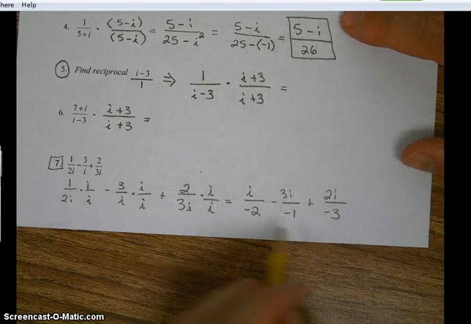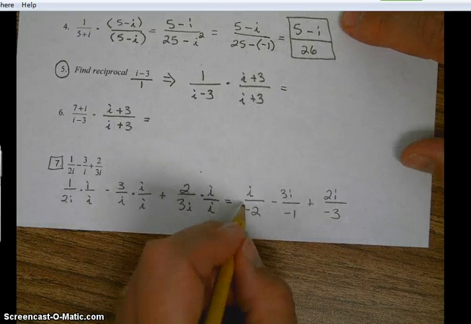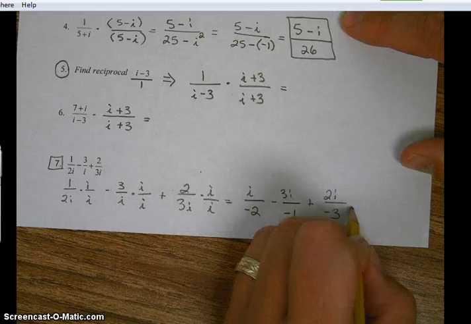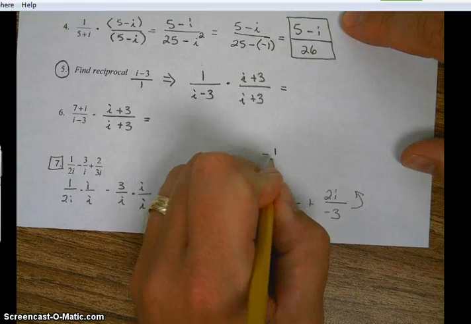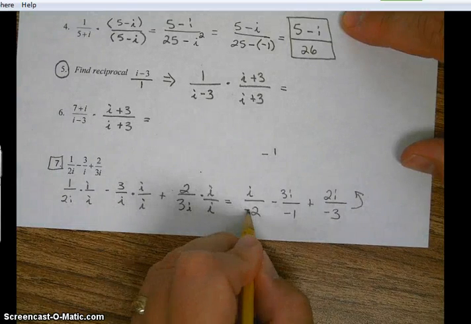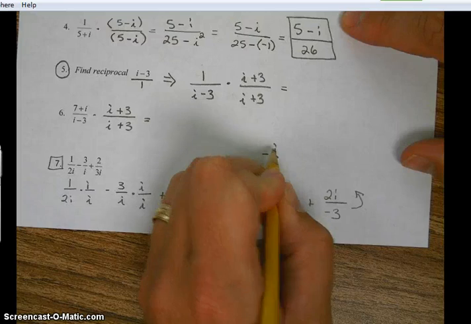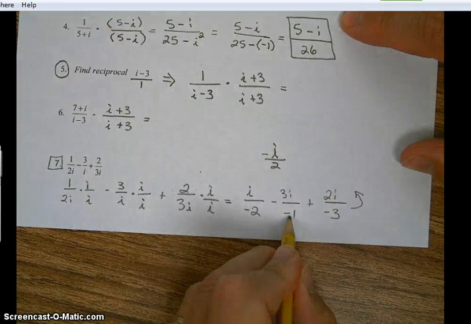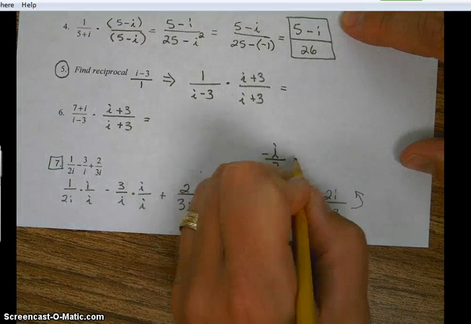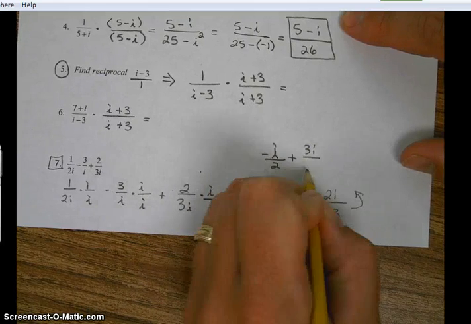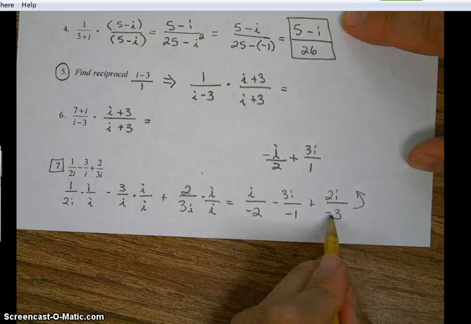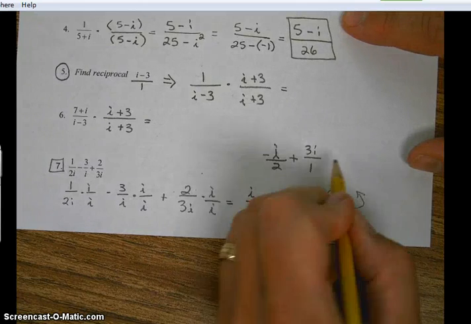Now I'm going to rewrite this up here. We're going to have a negative 1. I'm going to move that negative up top over 2. Since we have a minus and a negative, I'm going to make that plus. And then since we have a negative, I'm going to make that a minus.